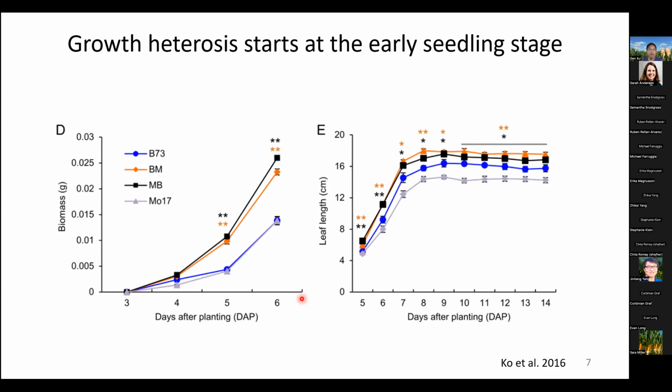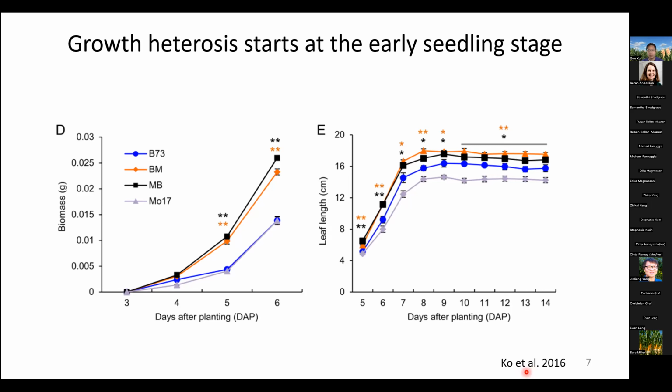In previous studies, people explored heterosis in many traits, and heterosis can vary trait by trait. But most of these traits were collected during the mature stage. Here we want to know at which growth stage the plant can show heterosis.